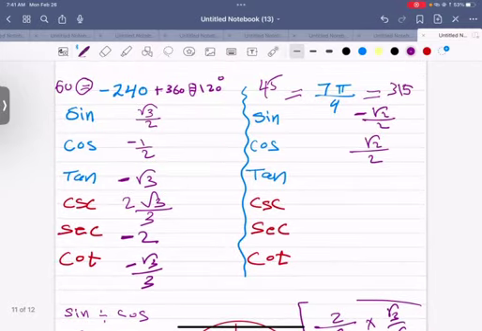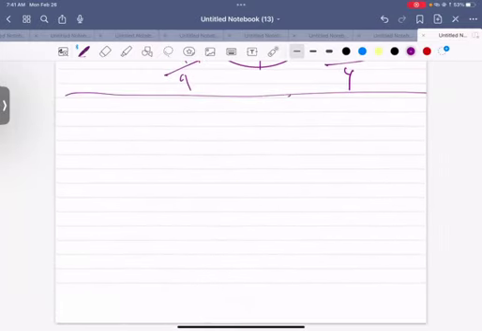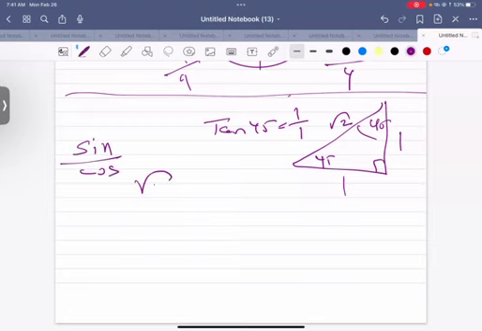Well, let me go on a scrap paper here. So tangent could be found from the 45 degree triangle, 1, 1, radical 2. So tan 45 is 1 over 1, which is 1. Or you can use sine divided by cosine. So I divide radical 2 over 2 by radical 2 over 2, which is something divided by itself, equal to 1.